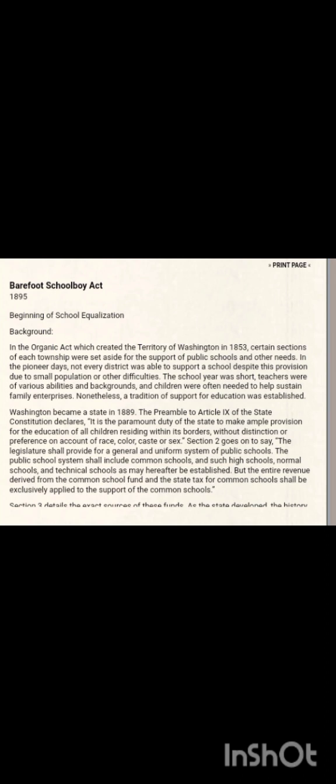The Barefoot Boy Act was enacted into law on behalf of Washington State, a barefoot child who did not have any food and was uneducated and wanted to learn. And so a governor enacted this Barefoot Boy Act.